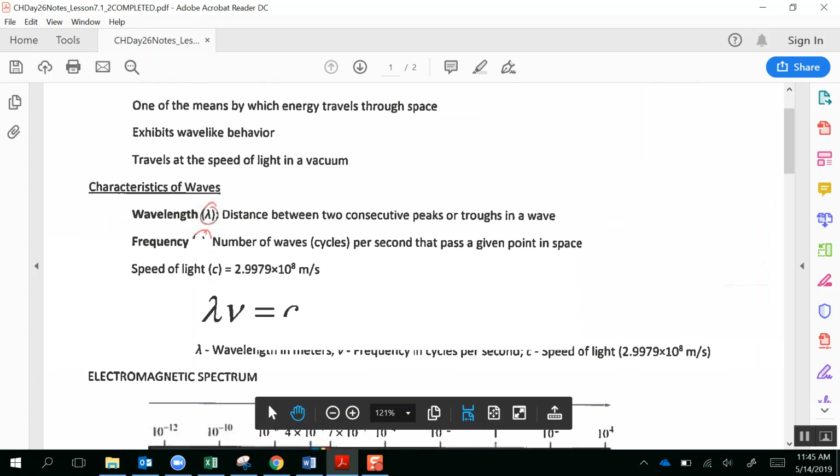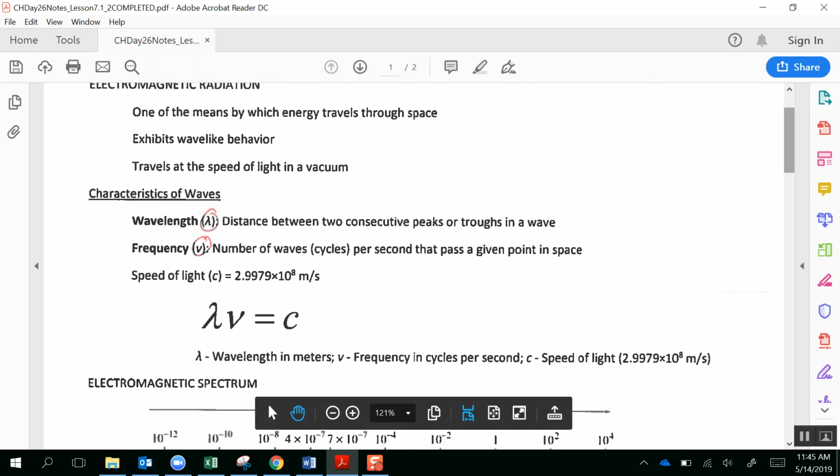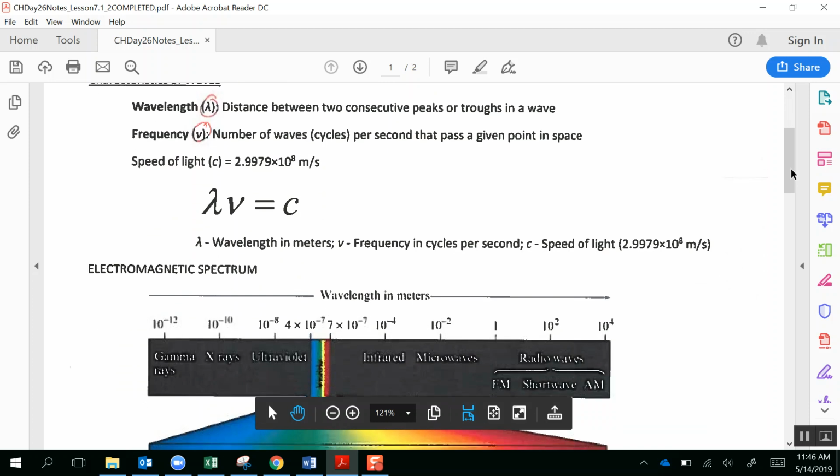The lambda sign stands for wavelength, the nu sign stands for frequency, and then c represents the speed of light, which is always a value that is given. Wavelength must be measured in meters, frequency in cycles per second, or a unit called hertz. And then the speed of light is given there as 2.9979 times 10 to the 8th meters per second.